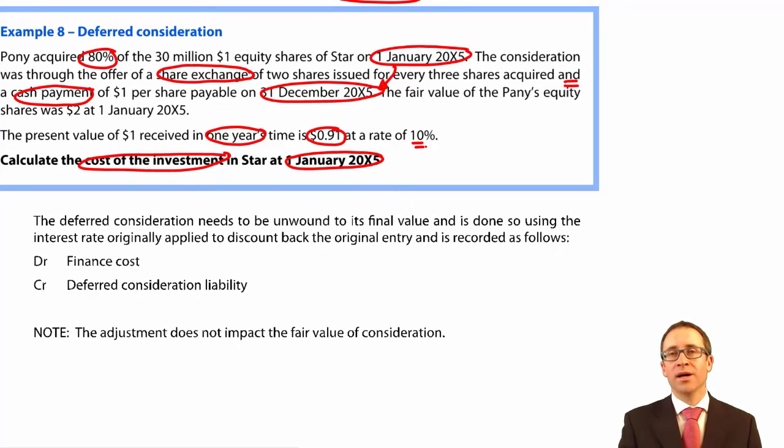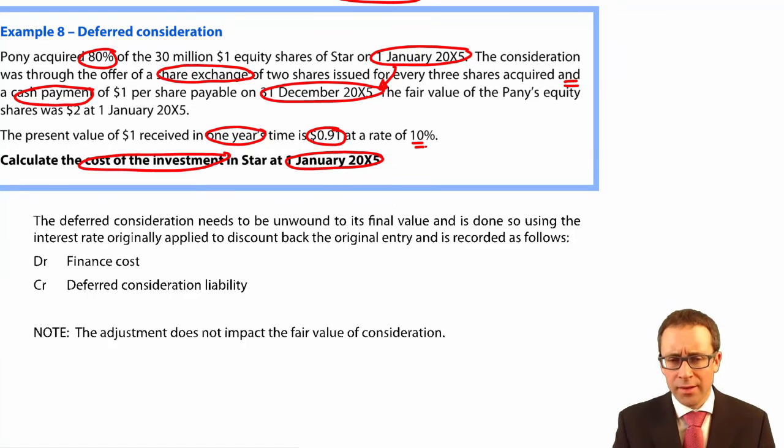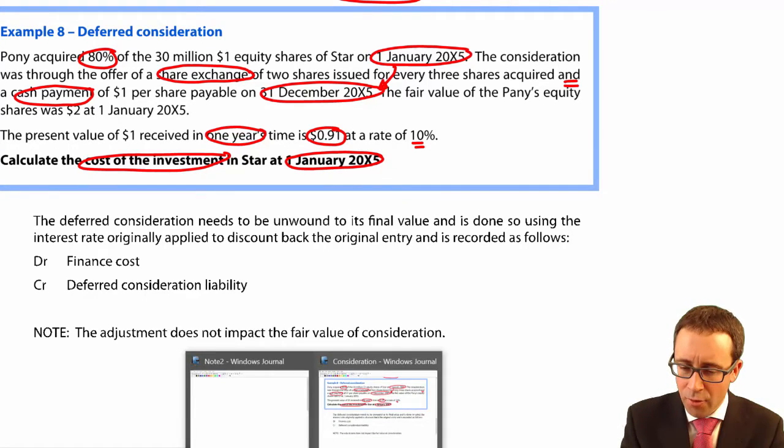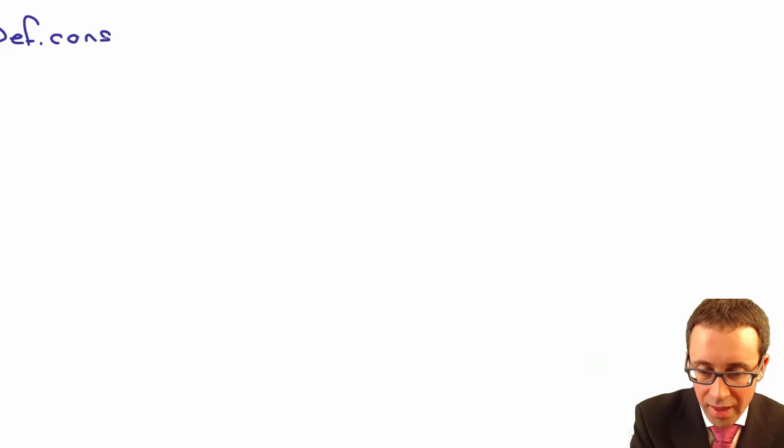You might be able to do that from previous studies, but it will give you the present value of $1 today. Whilst we're there looking at deferred consideration, I think it's only right, pardon the pun, to consider the deferred consideration and look at that first.